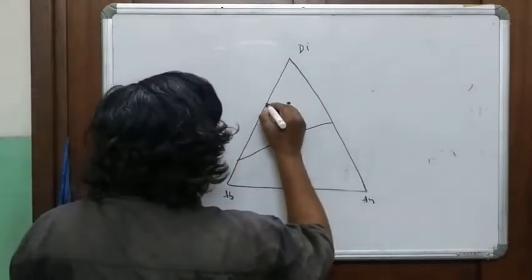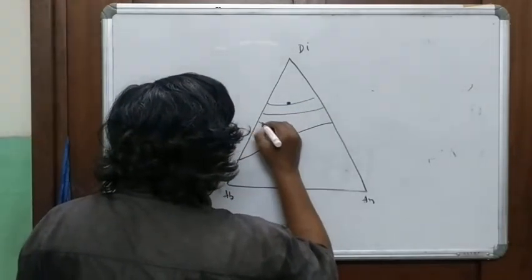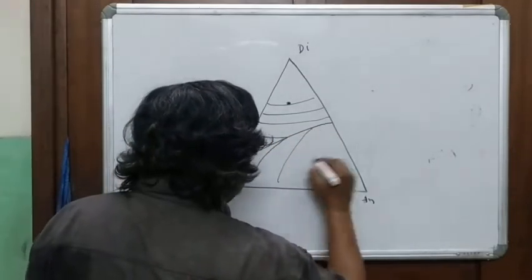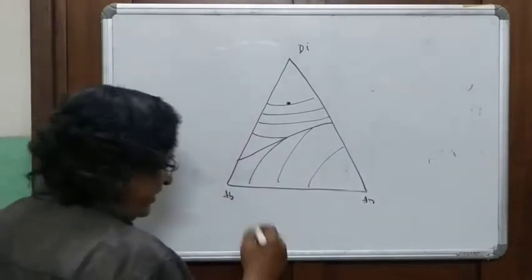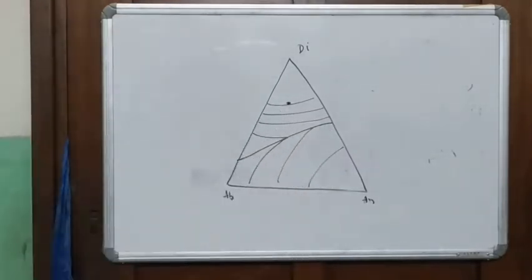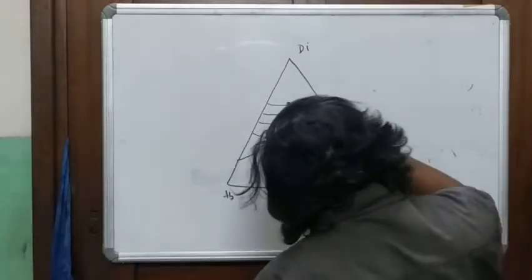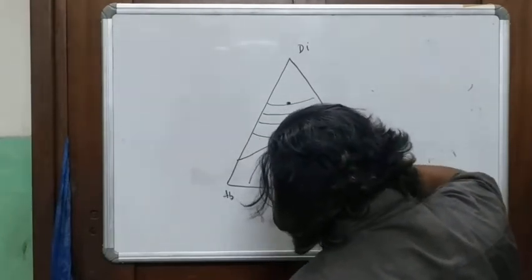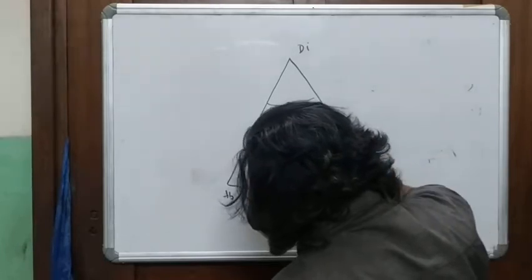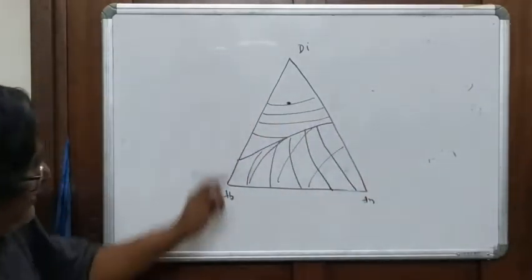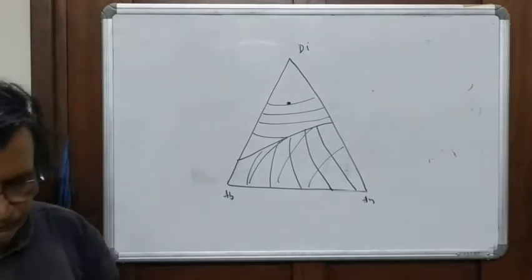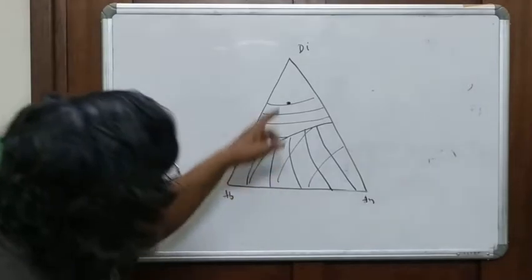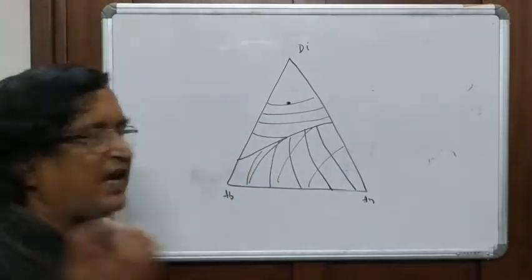Once again, these are the isotherms, and these are the isoplets. These are the isoplets, so it forms some sort of a net.